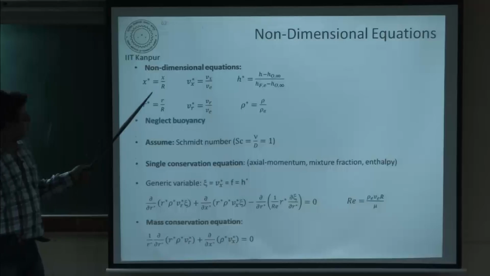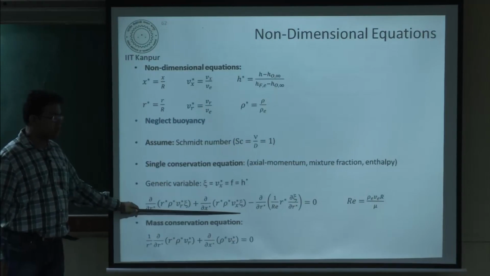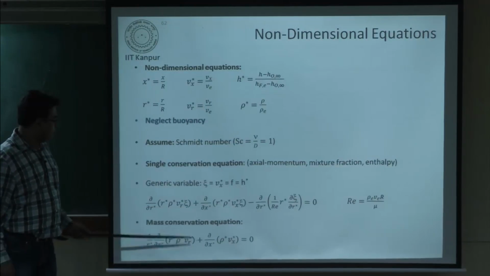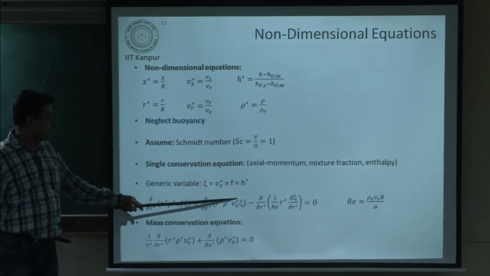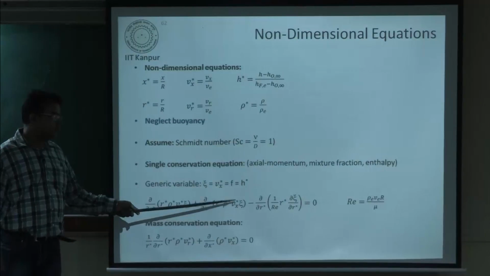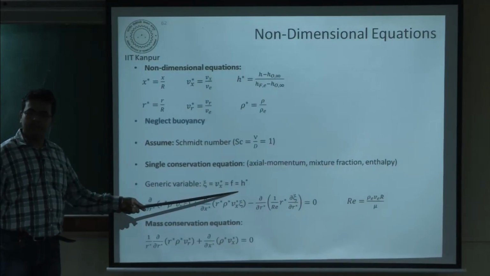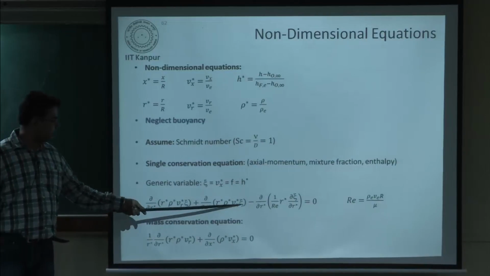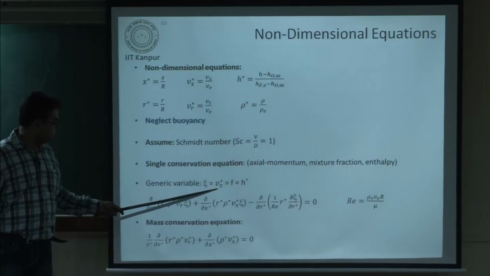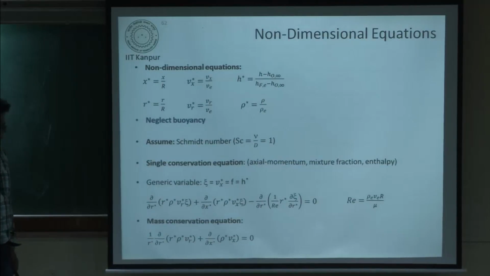So you will recover a single equation like this. Okay. So this is one single parameter that we need to solve, and if you can solve this, you will recover all other variables like this. If you know the solution of this variable, you will know what is Vx star, what is f, and what is h star. Okay.